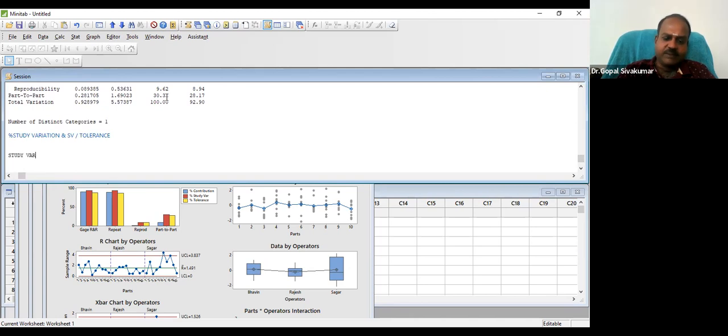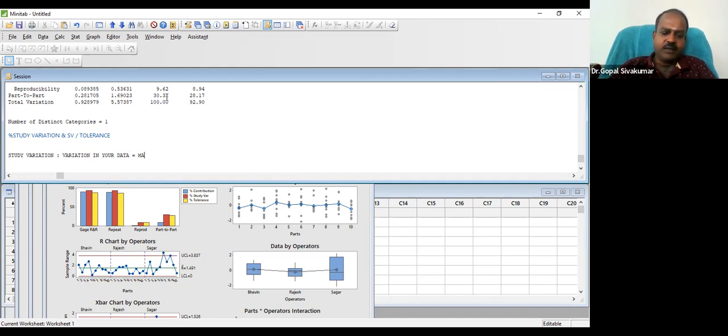Study variation means the variation in your data. The total variation in your data is considered as the reference.